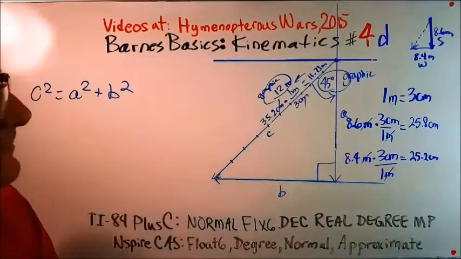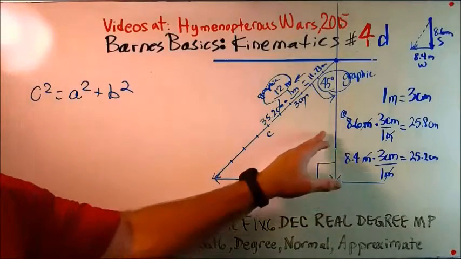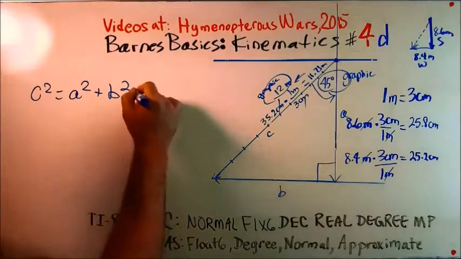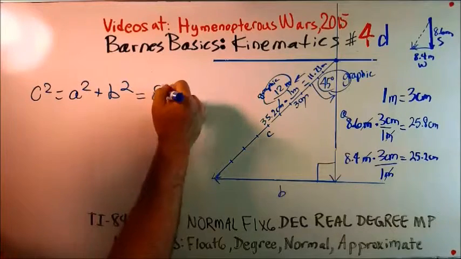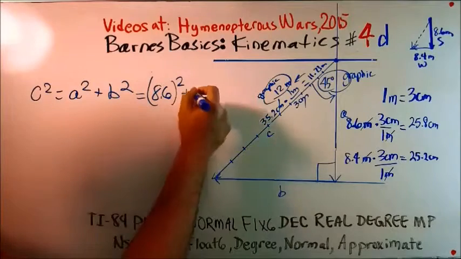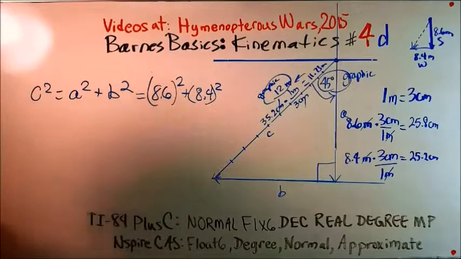And in this case, side A is 8.6, side B is 8.4. So let's say 8.6 squared plus 8.4 squared.